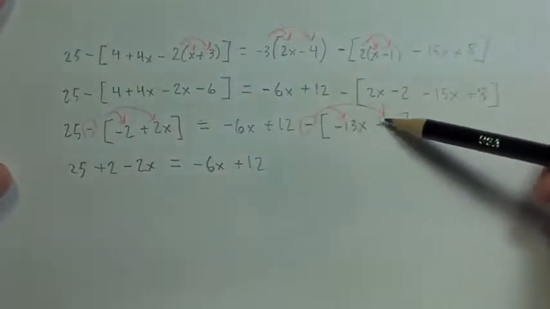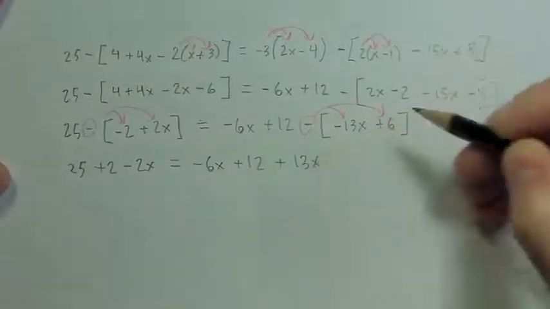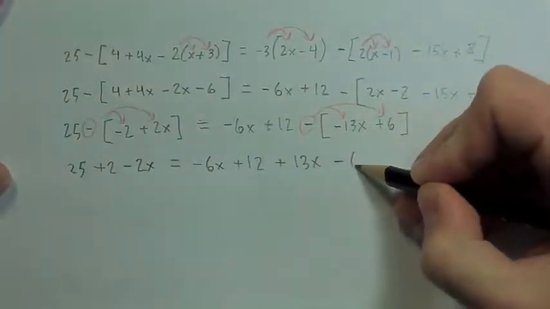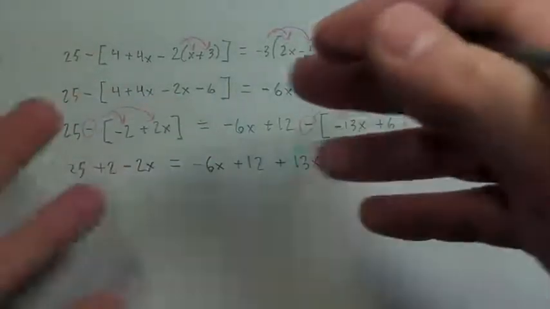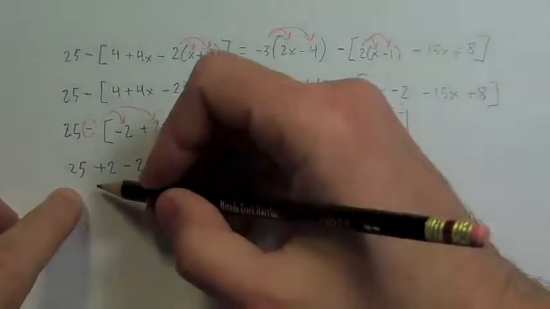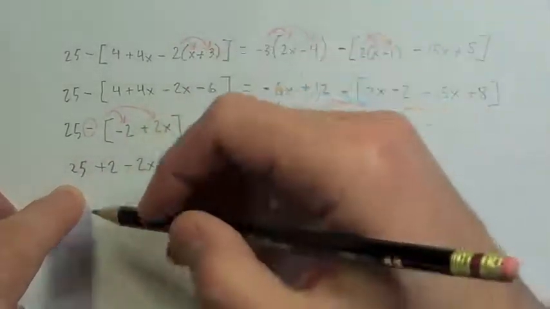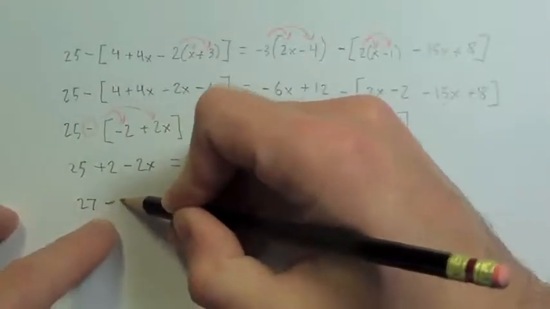So here we'll distribute this negative. You get a plus 13x minus 6. Now we have a bunch of like terms that we can combine. So let's do that. This 25 plus 2 is going to give me a 27 minus 2x.